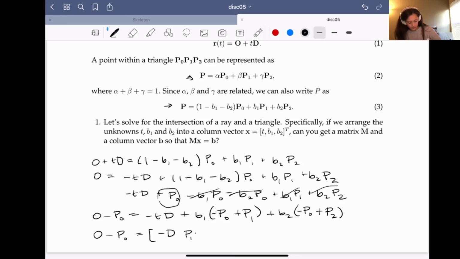So we'll do p1 minus p0, p2 minus p0, multiplied by t, b1, b2. Okay, and then that is the form that they were asking for in the original question. So this would be our M matrix here, and this is our B.